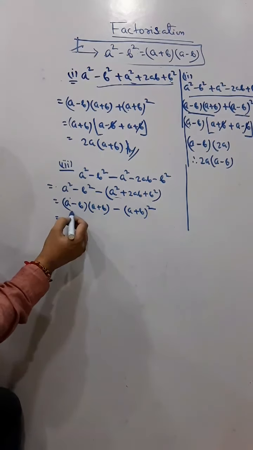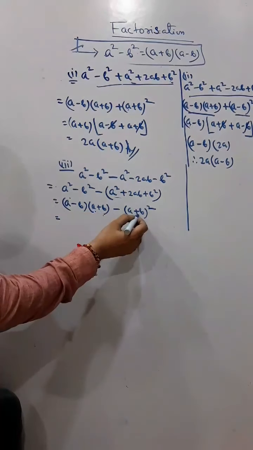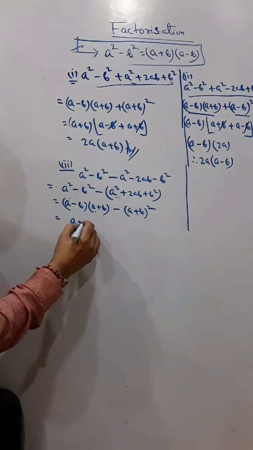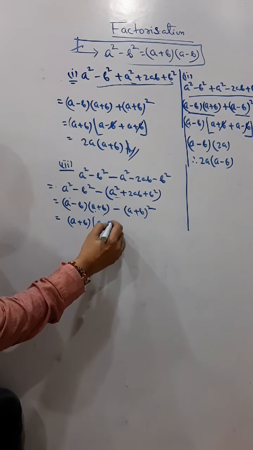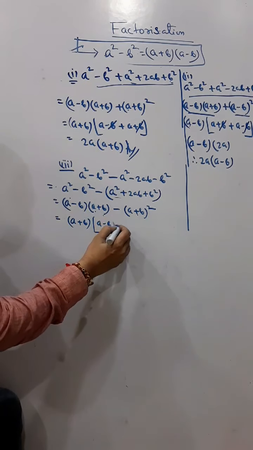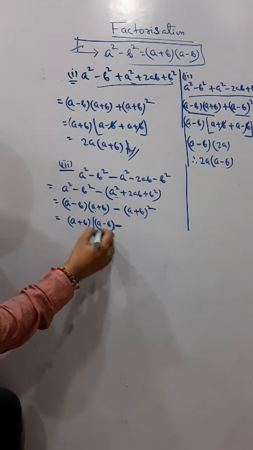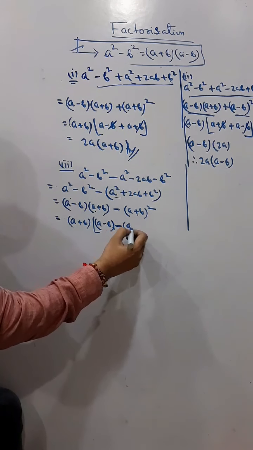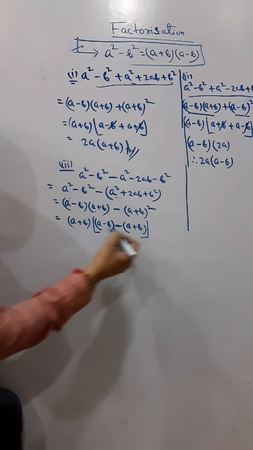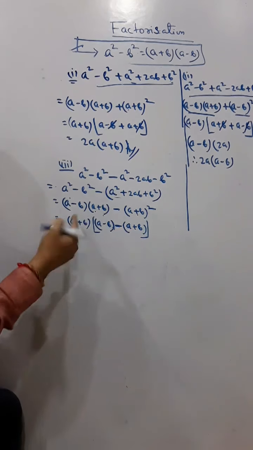And now I again have two groups, so I can take a plus b common. A plus b if I take common, I am left with a minus b this side, and then minus. Now since it is minus, it is better to use a bracket, so it's minus, and 1, a plus b will be left. And next line you can remove the bracket, change the sign and simplify.